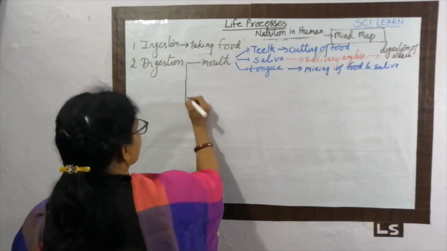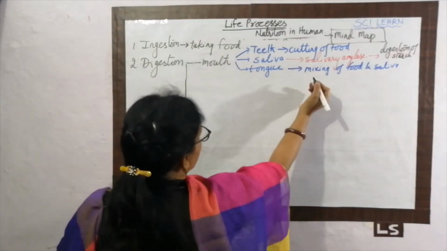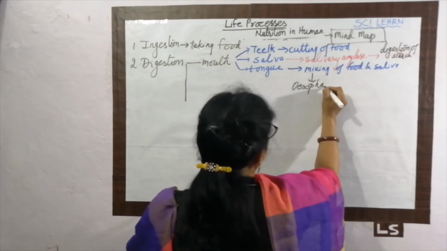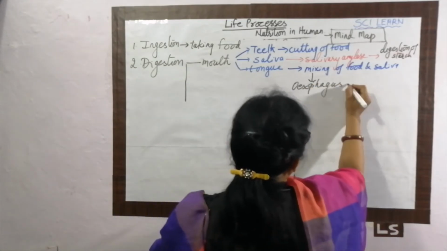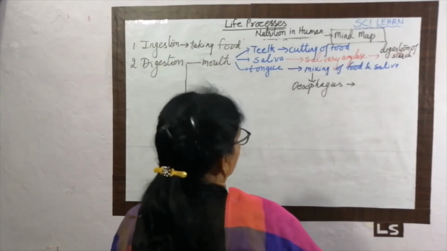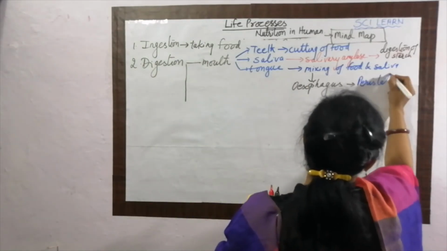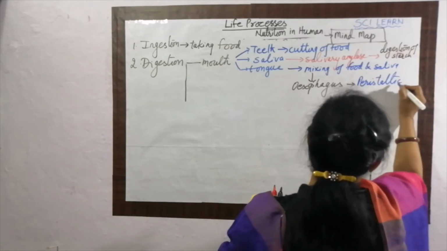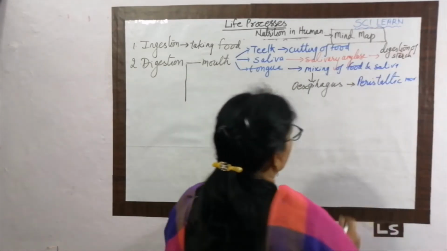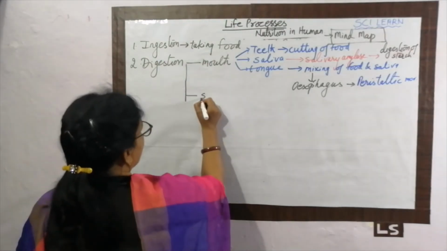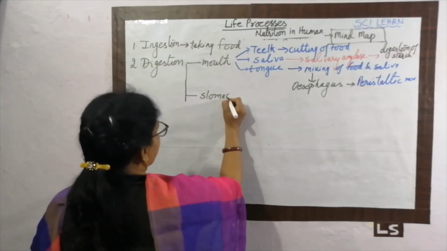Before the food reaches the stomach, the oesophagus is also there. This mixed food goes into the oesophagus with the help of a movement called peristaltic movement, and this food reaches the stomach.